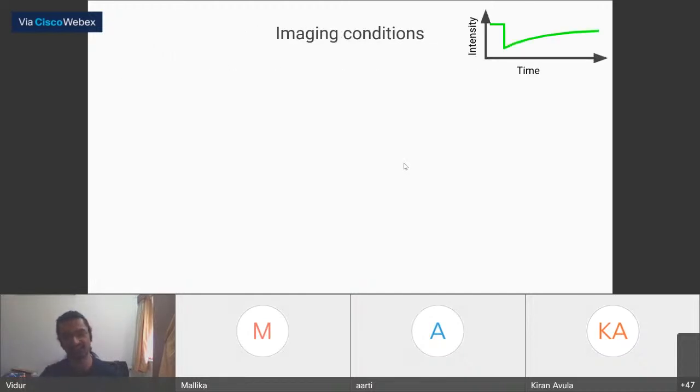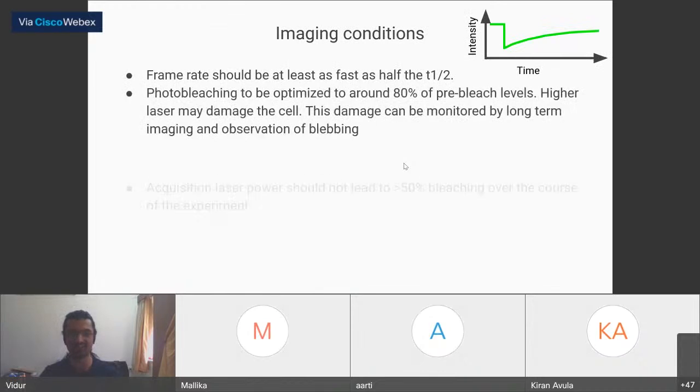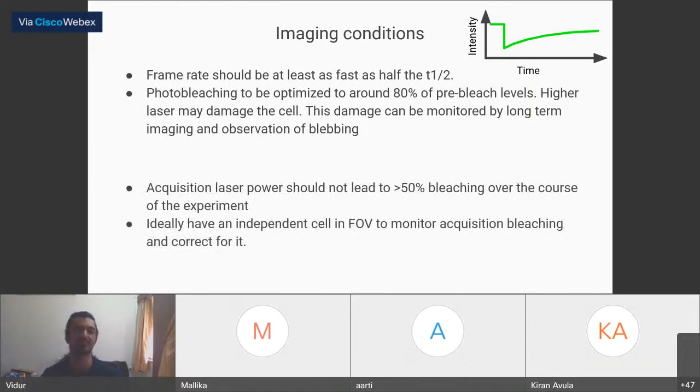So that I can't really tell about each particular system. That is something that will be done by trial and error. So you'll have to transfect once, see if it's not such a high overexpression that you can't bleach 80%, and then iterate towards that amount of fluorescence so that you can optimally achieve 80% photobleaching.